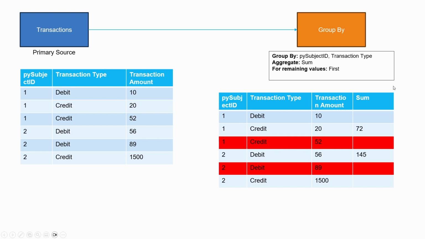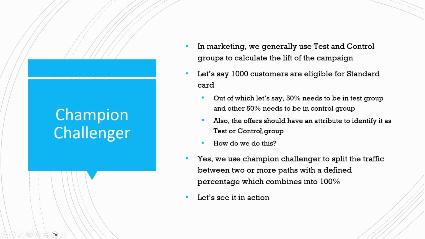So as you can see here, for customer one, the output will be one debit, transaction amount is 10, and in the sum we will also have 10. Maybe what we can actually do is only focus on, one second, guys.